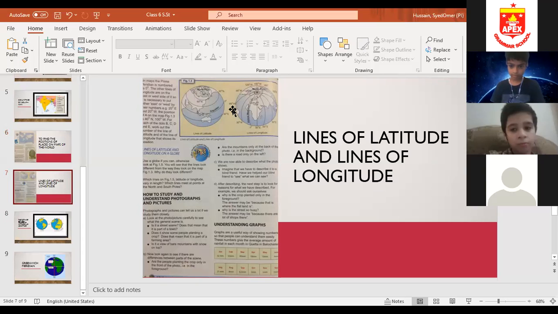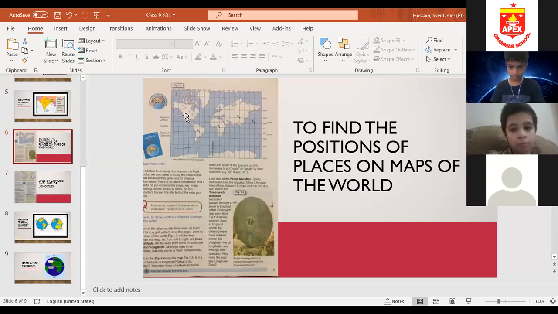Now, for example, if I want to find the position of A on this map, and I don't have these east and west and north and south numbers, then how can I find the position of A? So we have to write these numbers so that we can find the positions of places easily.